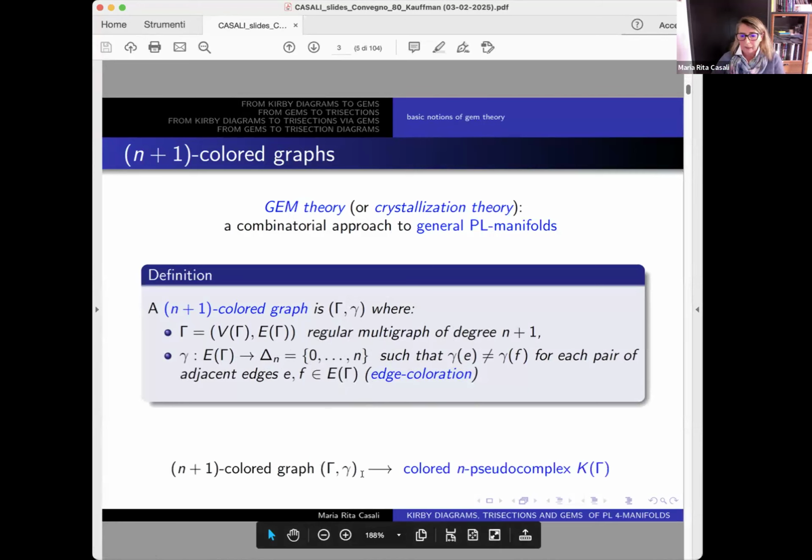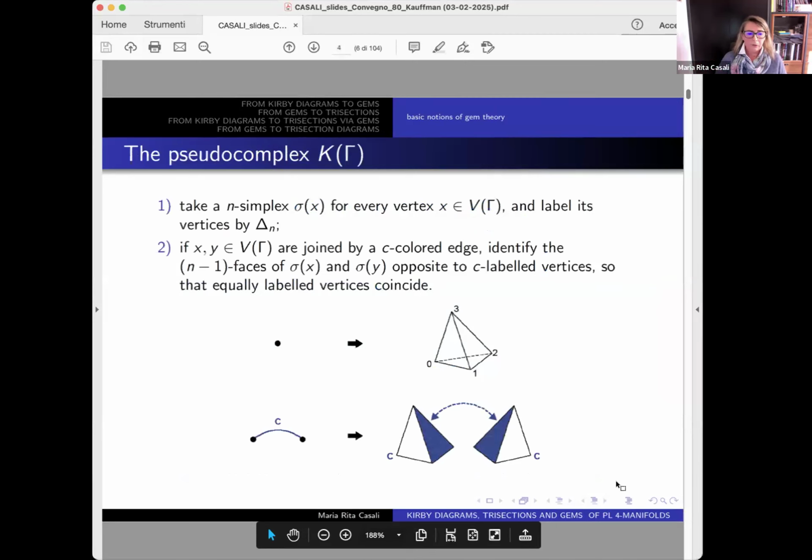Each (n+1)-colored graph is used to represent the associated pseudocomplex K(Γ), which is obtained by means of the construction shown in this picture for the 3-dimensional case.